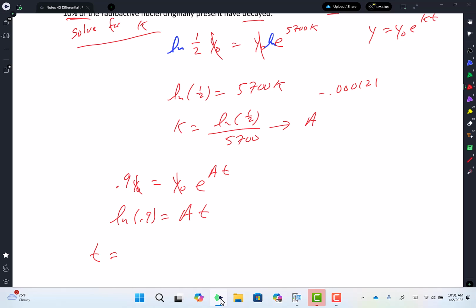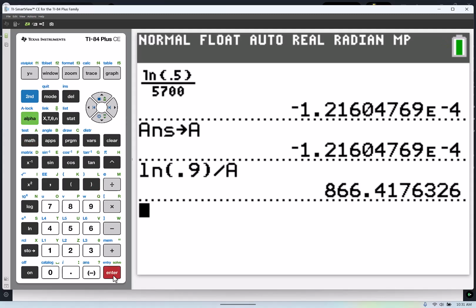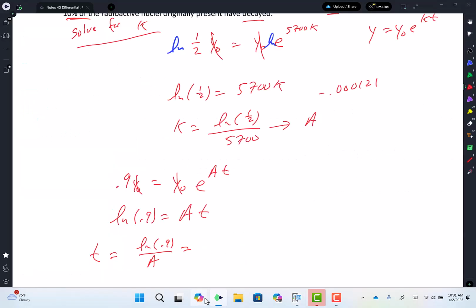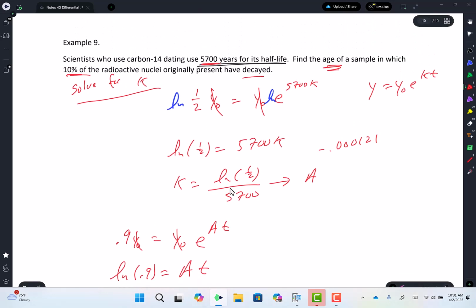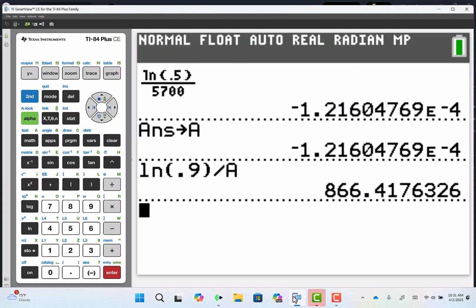Time equals ln of 0.9 divided by a, which is, let's see what that is. ln 0.9 divided by alpha a. Bam. 866 years. Dang. And this is how we find out how old stuff is. 866.417.